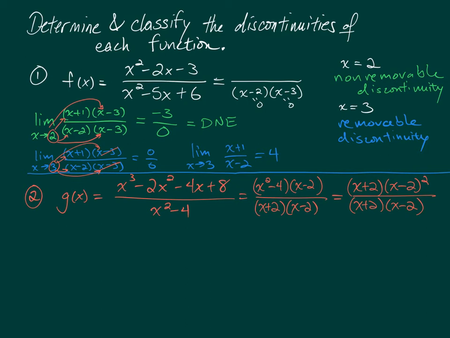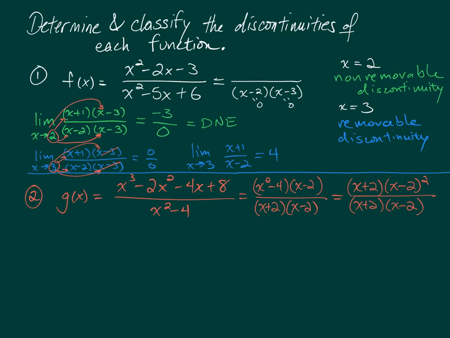The numerator also factors into x plus 2, x minus 2, but since there are two factors of x minus 2, it is squared in the numerator. So the first step for rational functions, polynomial divided by polynomial, is to factor the numerator and denominator.